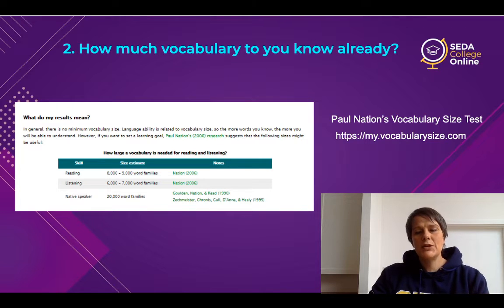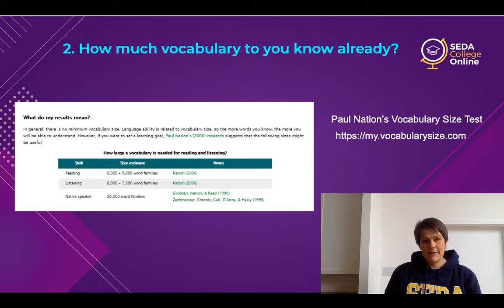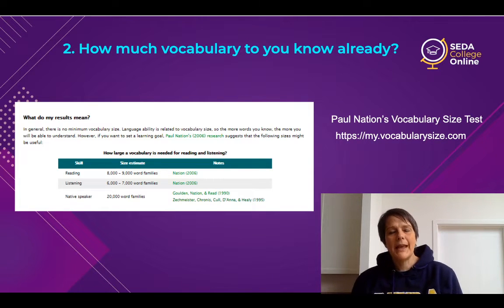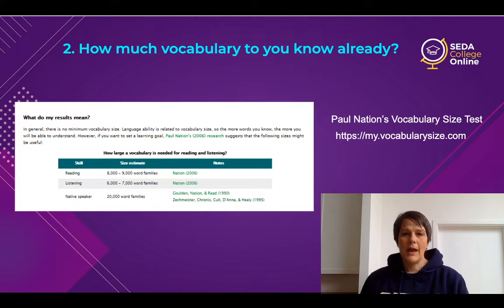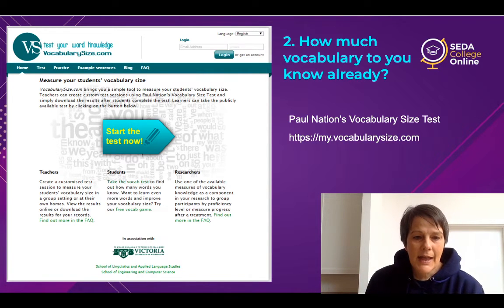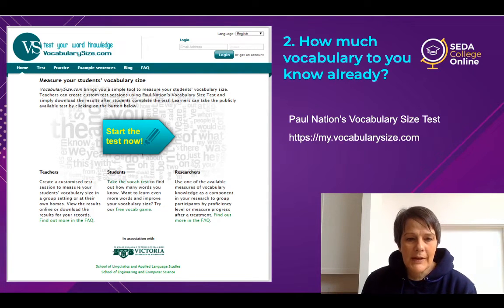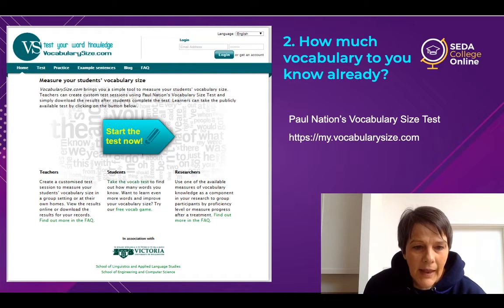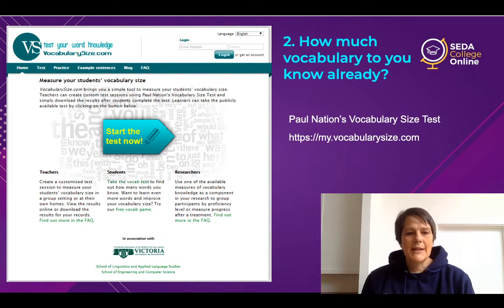So yeah, Paul Nation's vocabulary size test. The question is, and this is what this presentation today is about, how can you know how much vocabulary you already know? So Paul Nation is doing some amazing work, because he set up this test, and it's free. You can see there that it's the School of Linguistics and Applied Language Studies and the School of Engineering at Victoria University.